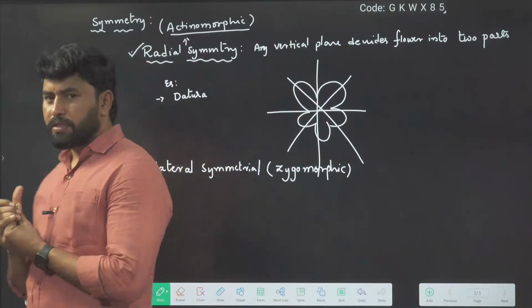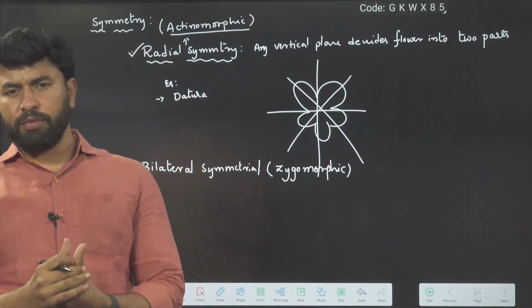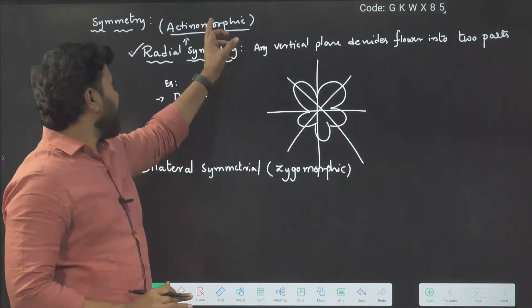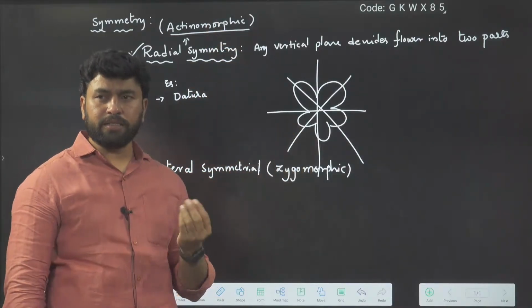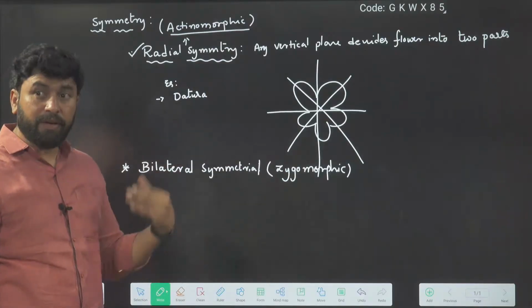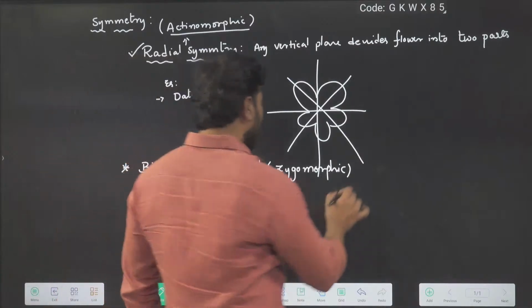Don't confuse. In our NCERT book, they have started by saying actinomorphic, zygomorphic, and asymmetry. Okay? Over there, actinomorphic is a flower name. Its exhibiting symmetry is radial symmetry. Zygomorphic flower is the flower name. Its exhibiting symmetry is bilateral symmetry.